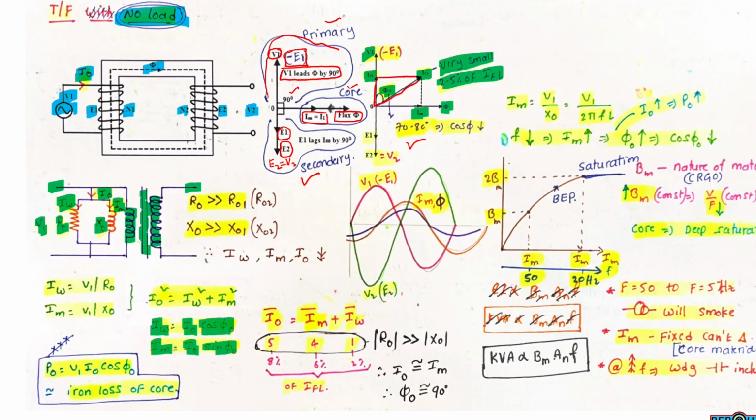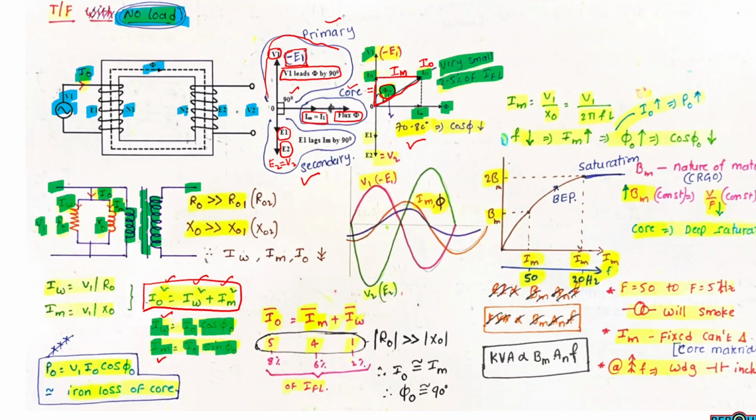This is current I0, this is working component IW, and this is magnetizing component IM. Here we are considering this angle. From this angle, I0 cos phi naught will be IW, and I0 sin phi naught will be the magnetizing current. So this can also be written in this form: I0 squared equals IW squared plus IM squared.